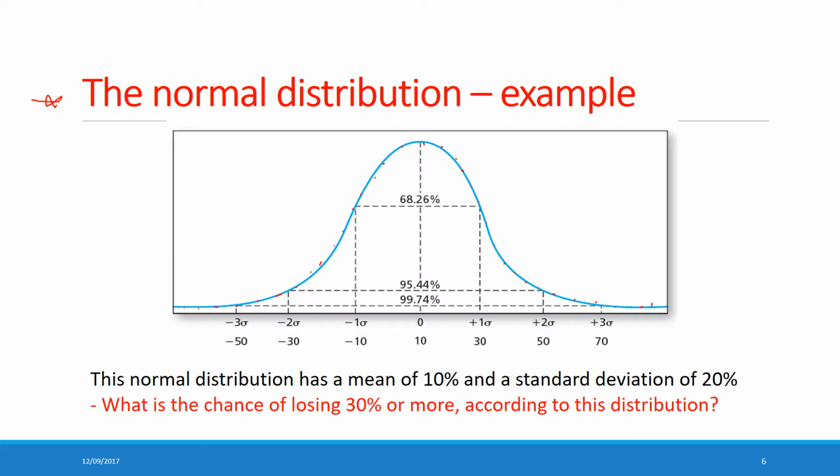So we have a curve that shows different levels of outcome. The horizontal axis is the returns, and the vertical axis shows the probability of the returns.